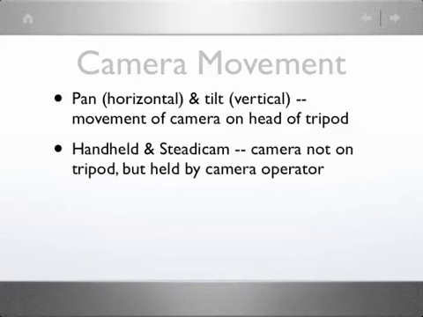When a tripod is not used, and there are many instances when a tripod is not used with a camera, and the camera is being held by the camera operator, that is called handheld camera. The camera operator is holding the camera, usually having it resting on their shoulder, because film cameras can be rather heavy instruments.